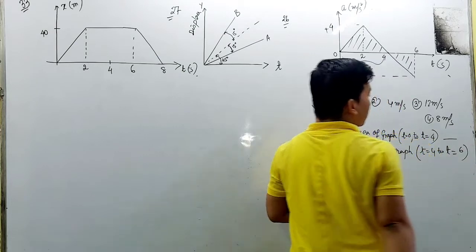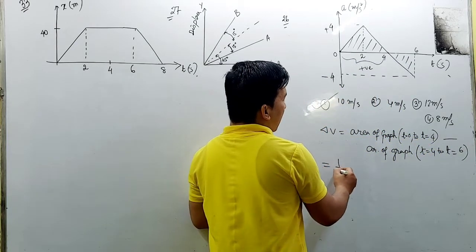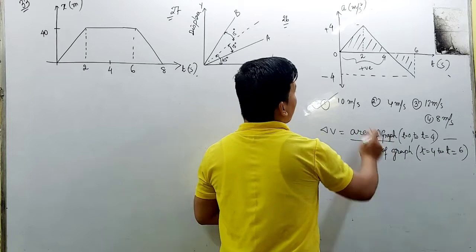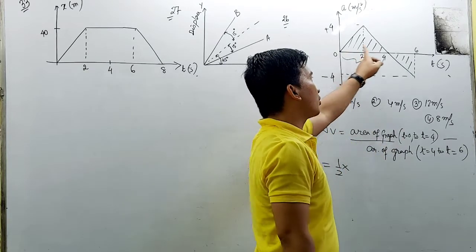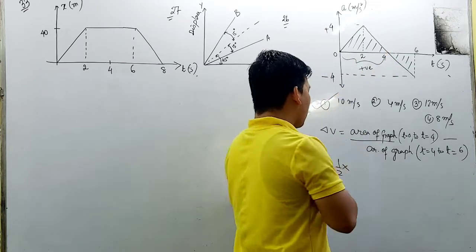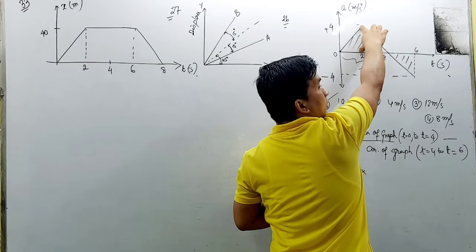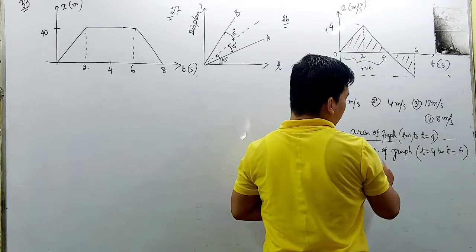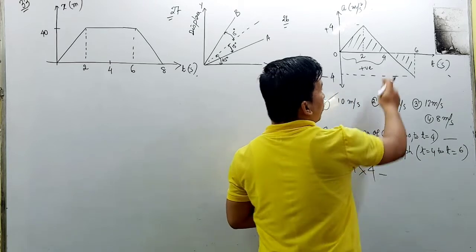Very simple, half into base into altitude. The base will be from 0 to 4, and minus the area of this right triangle.